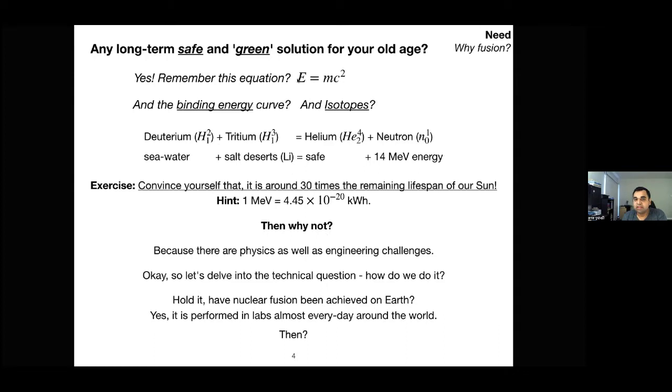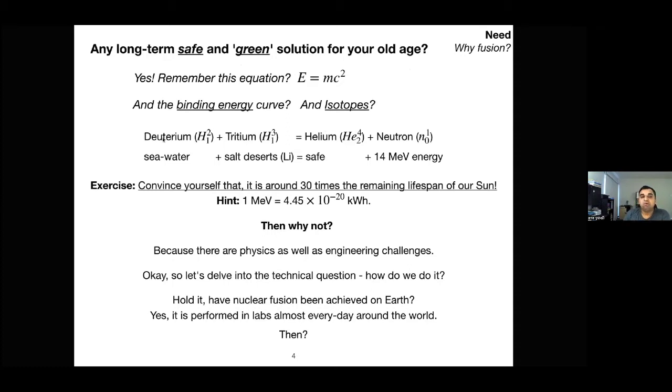So here, as I am saying, why fusion is needed: it's long term, it's pretty much safe, and it's green because it does not emit any carbon. A green solution within 50 or 60 years. Fission is radioactive, and it's also dependent on the availability of uranium and other quantities.